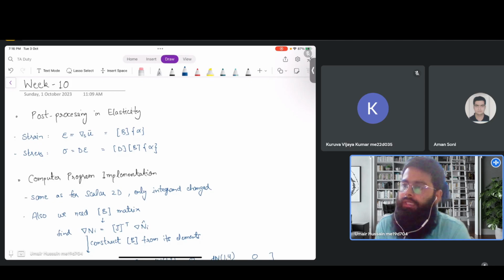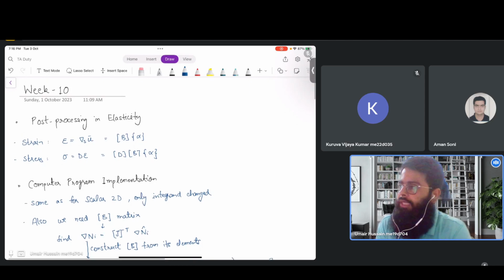In this course we studied a nice algorithm to program the steps in the 2D FEM problem. As we had seen the algorithm in 2D scalar valued FEM, in the same way the program is designed for the vector valued problem, except only the integrand part is changed.